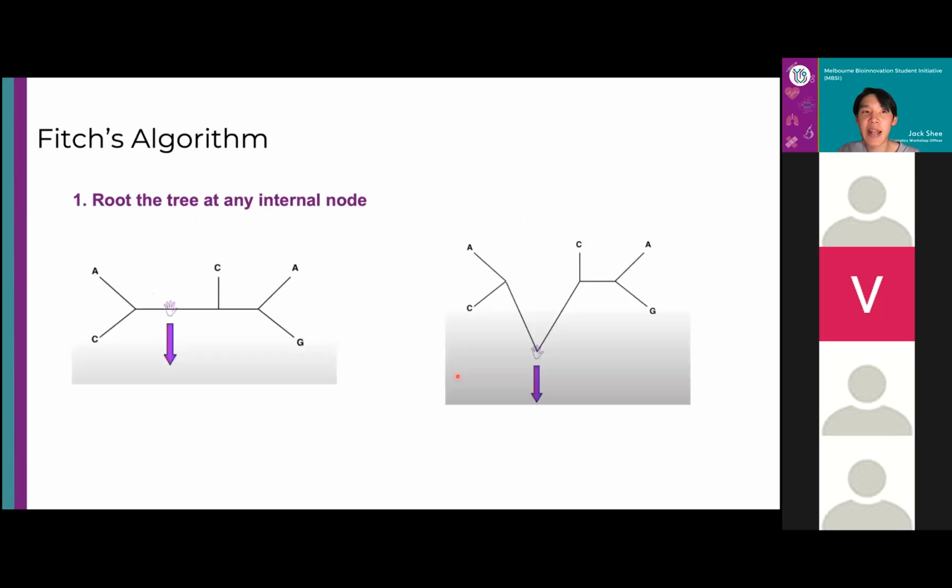So let's take a look at how Fitch's algorithm is applied to this very simple tree with leaves that have a sequence length of only 1. So it's easy to understand. In general, though, it's not very practical to simply do this. You will have a sequence length possibly in the hundreds, 200s, thousands, and this will result in a very big number of states.